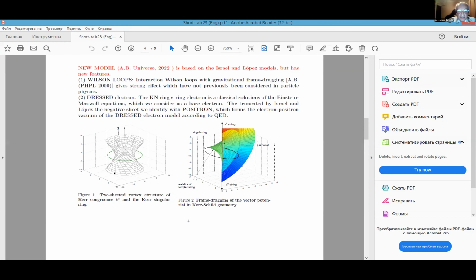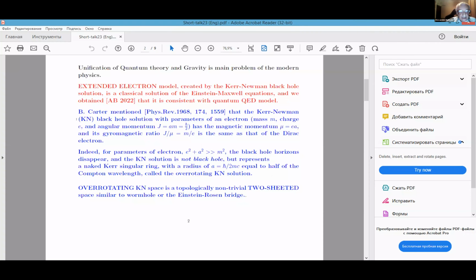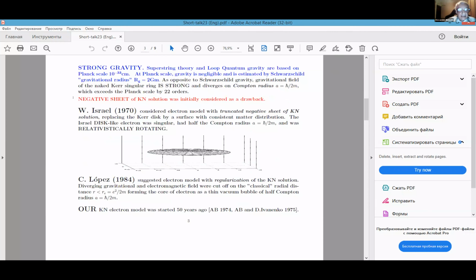This two-sheeted character was started by, and considered by, Israel in 1917, who considered the electron as a truncated negative sheet of the Kerr-Newman solution and replaced the Kerr disk by a surface with consistent matter distribution. The Israel Kerr disk electron was singular and had half of the Compton radius.